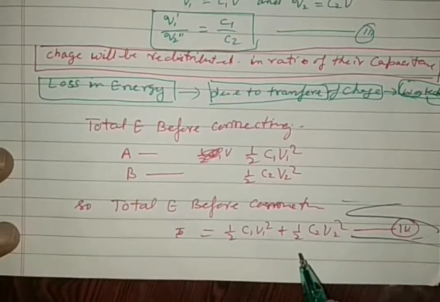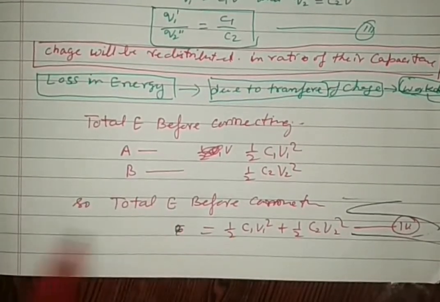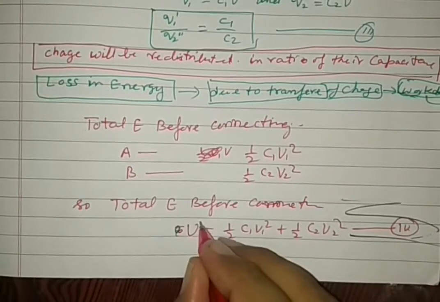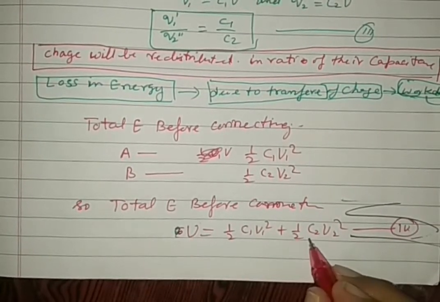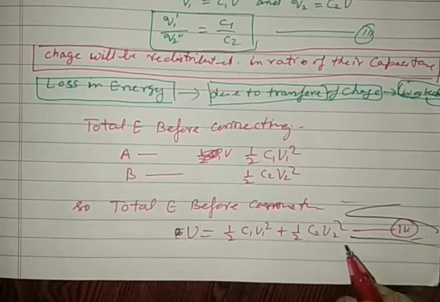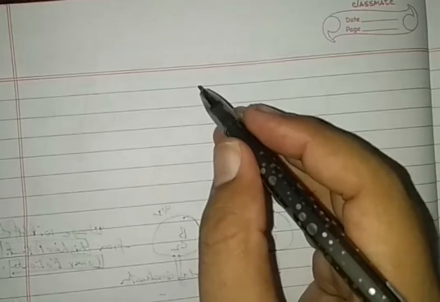This total energy stored before, I am representing in terms of U. So U is equal to half C1 V1 square plus half C2 V2 square. Total energy after the connection we will see in the next page.